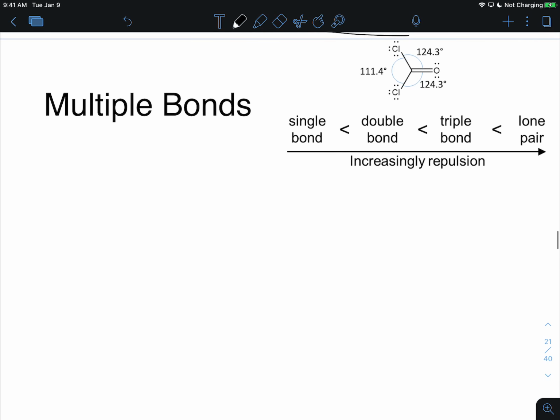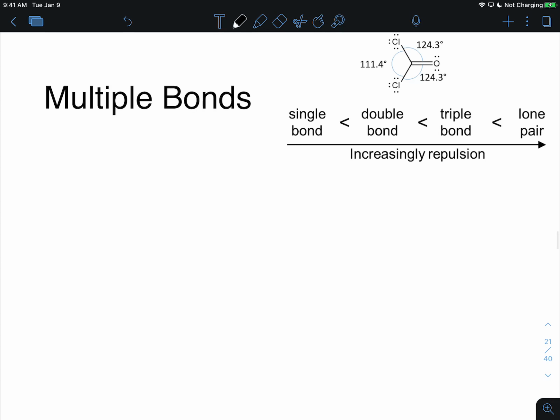We see a similar effect when we have multiple bonds, but here now it's just amount of electrons, right? More electrons, they're just going to repel more. And hopefully makes absolute sense that our triple bond is going to be the most repulsive out of all of our multiple bonds.